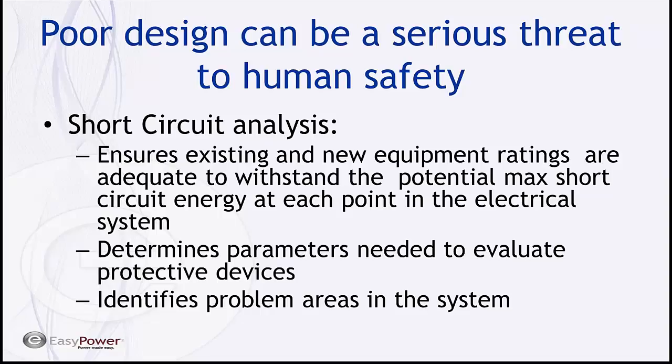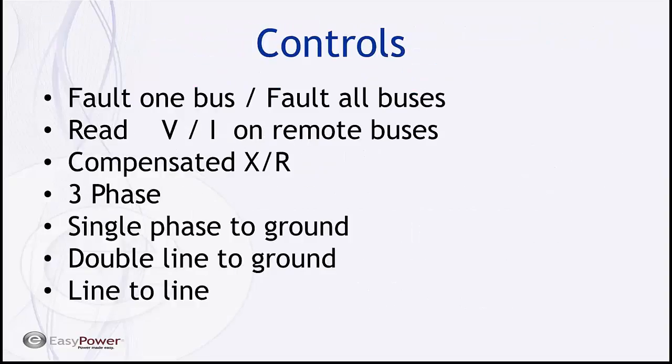So the short circuit study determines the parameters needed to evaluate the protective devices and then helps identify problem areas in the system. What the tools will provide for us is the ability to fault a bus or fault all the buses, and then as we do that, see what the individual bus currents and voltage results will be.